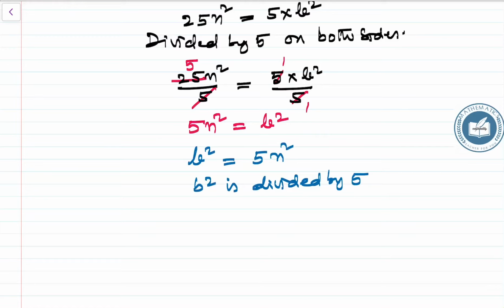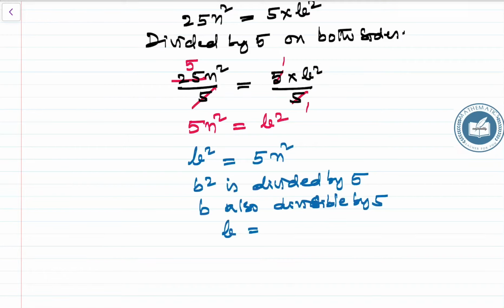So when it is divisible by 5, therefore b is also divisible by 5. b is also divisible by 5.